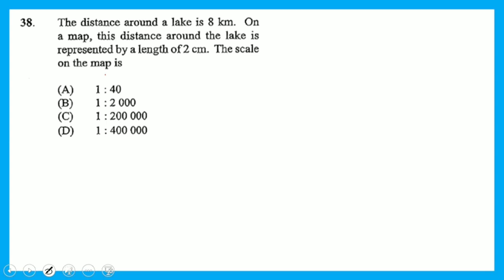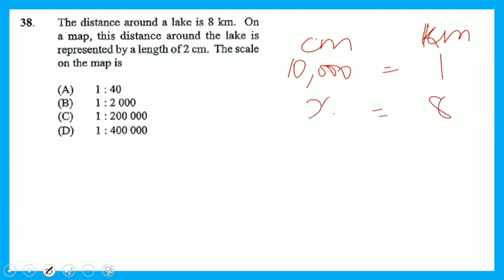And we're talking about in real life, not just on the map, all right? Centimeters, kilometers. I hope that you know how to convert your units. 100,000 centimeters is equal to 1 kilometer. Now, all of this is in real life. 8 kilometers is equal to a certain number of centimeters that we don't know.